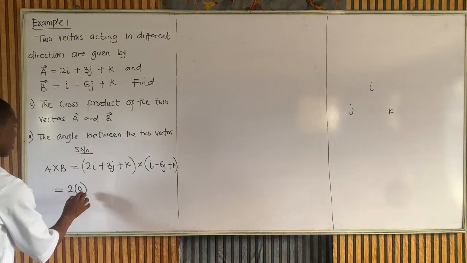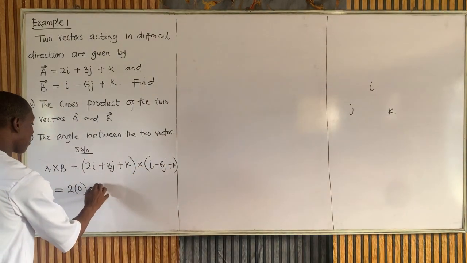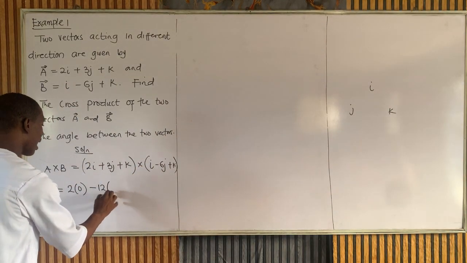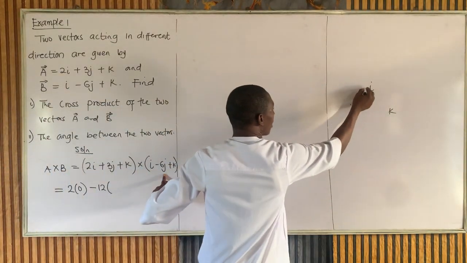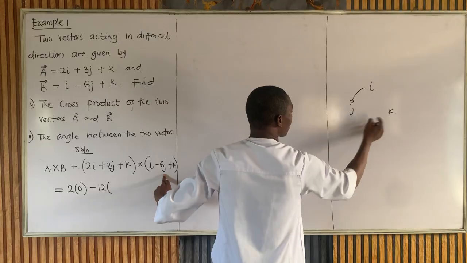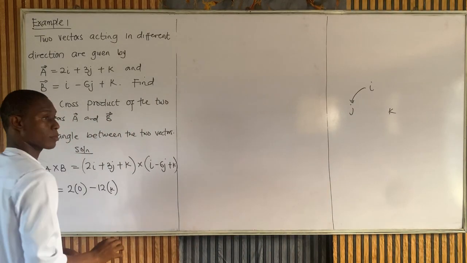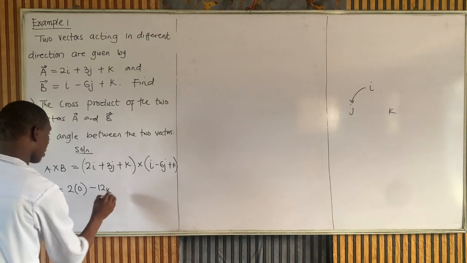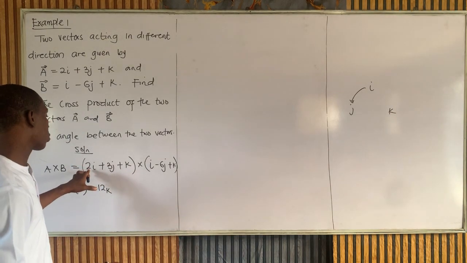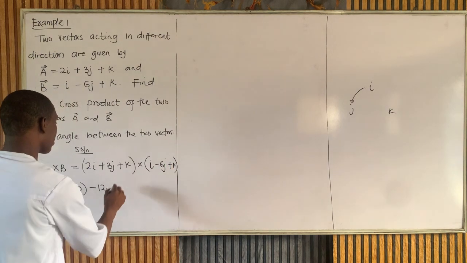This is 0. Let's go again. 2 again times minus 6, that is minus 12. Now, I cross j, that will give me k. Now again, lastly, 2 times the coefficient of this k here, that is 1, I will get 2.